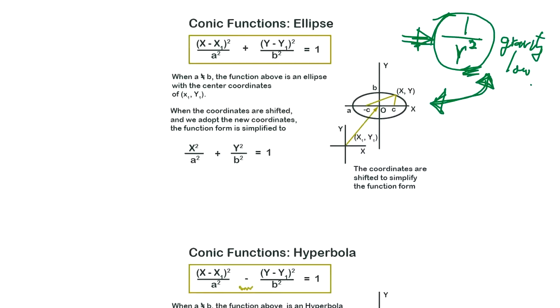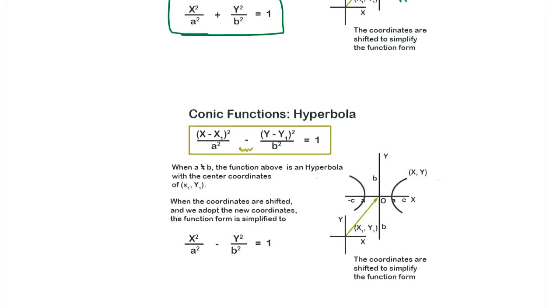Now if you shift the coordinate again so it's settled at the origin, then the ellipse equation becomes simple, and this length is A, this length is B. Okay, conic function hyperbola.